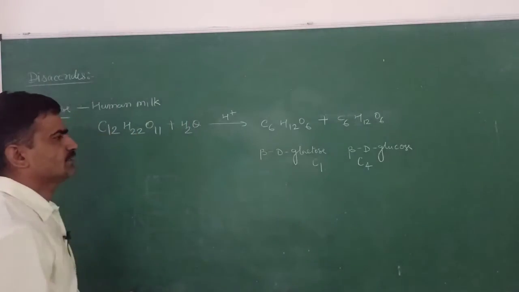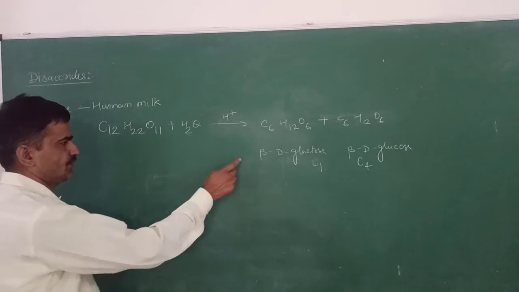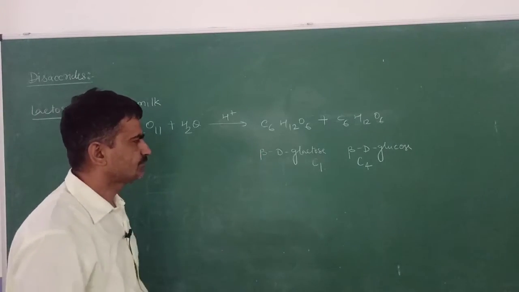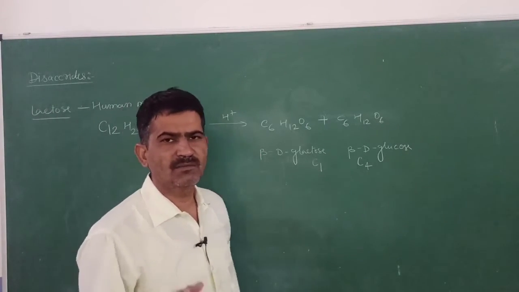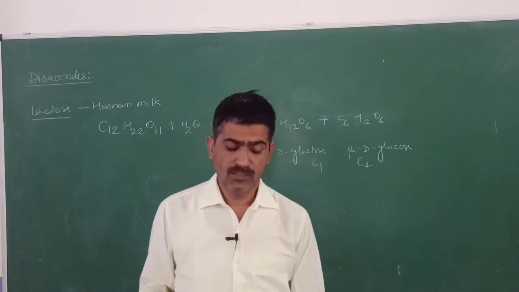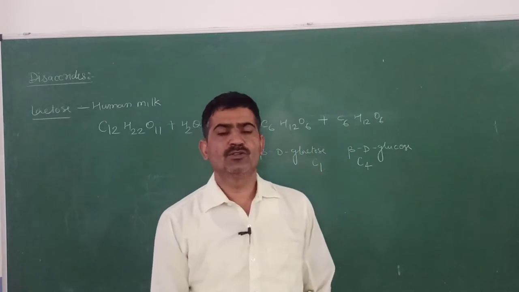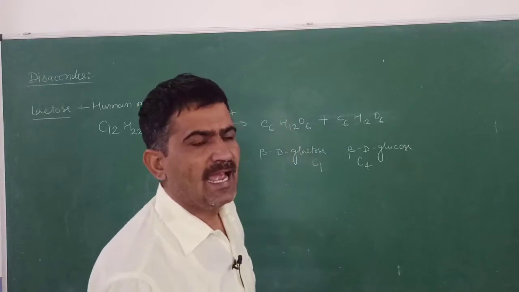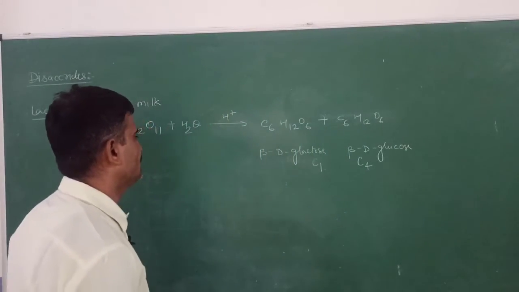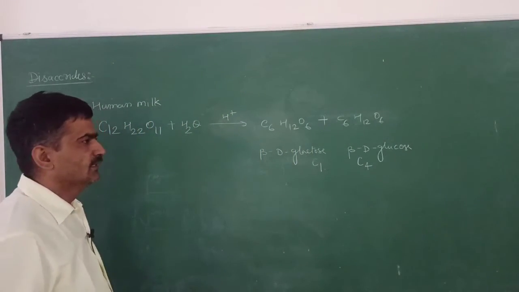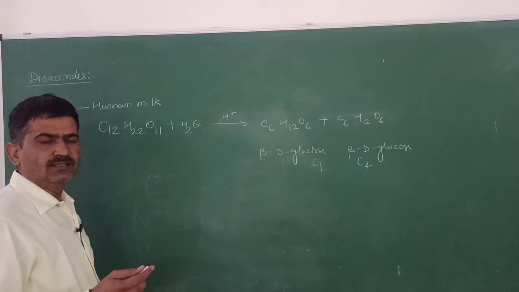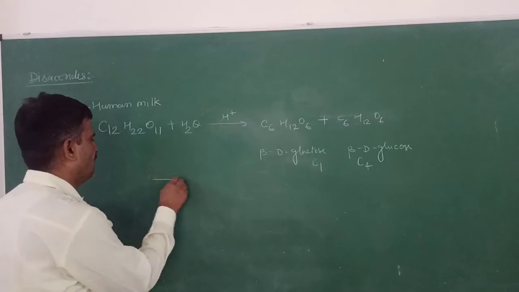The difference in the structure is that there is a change in configuration at both places, carbon number 3 and carbon number 4. This is known as epimers. When there is a change in configuration at a carbon, these are known as epimers.